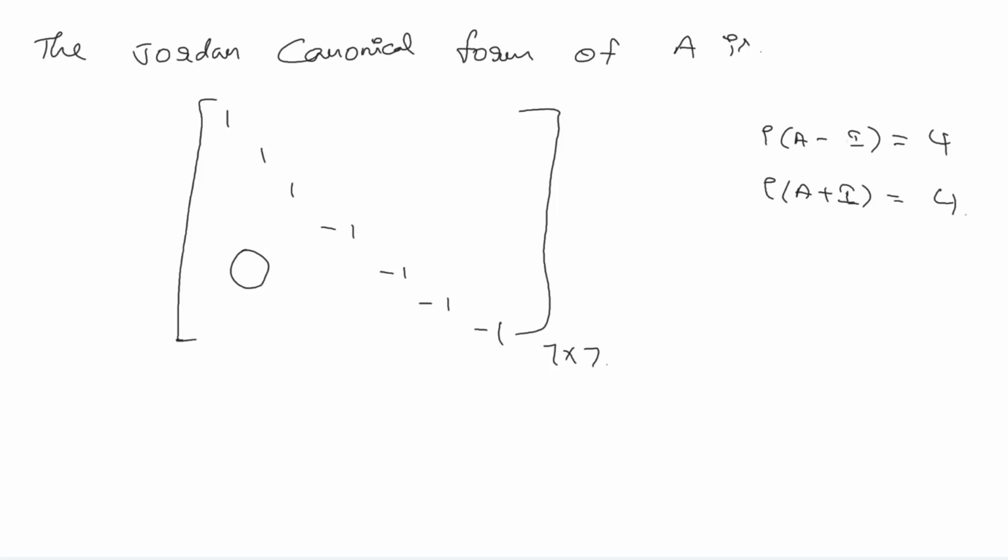So the question here is, what is the order of the highest Jordan block corresponding to each eigenvalue in this Jordan canonical form? If we assume the Jordan block corresponding to the eigenvalue 1 is of order 2, then here we get 1.